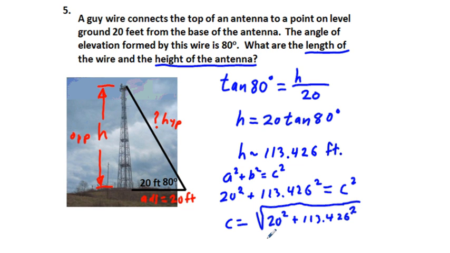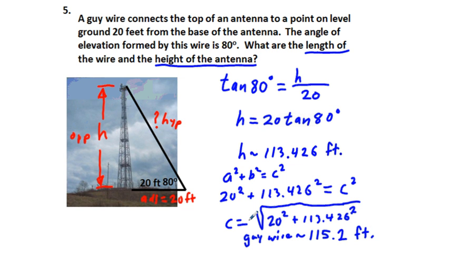So our guy wire is 115.175, and rounded to the nearest foot, I'm going to call it 0.2.